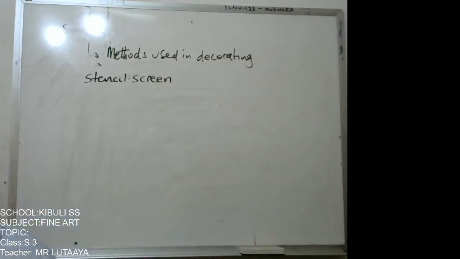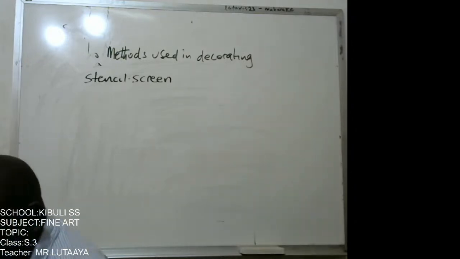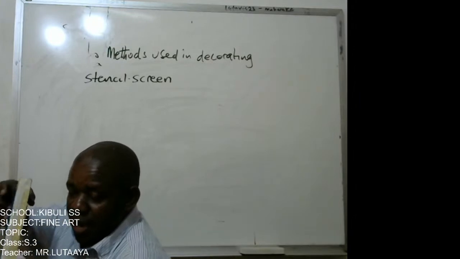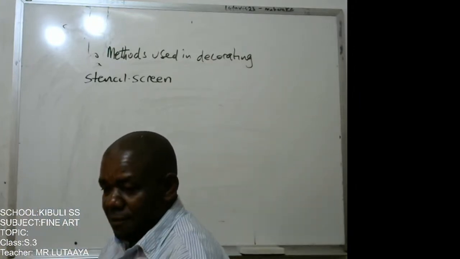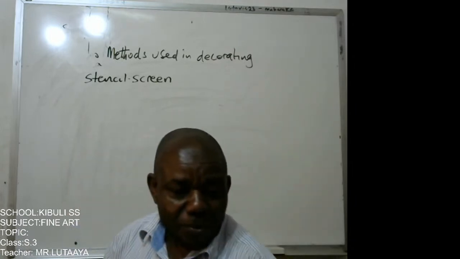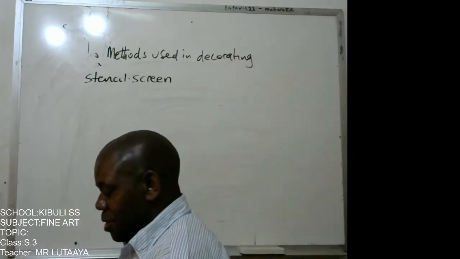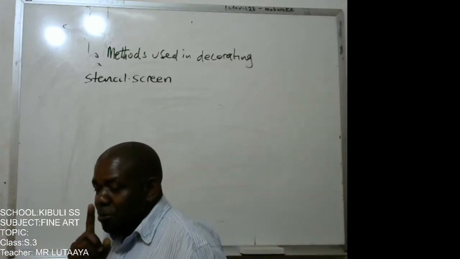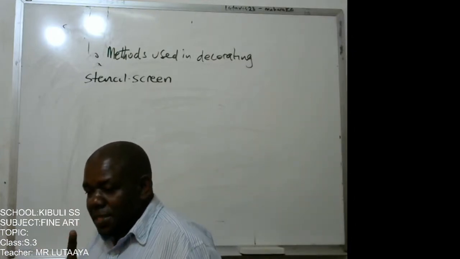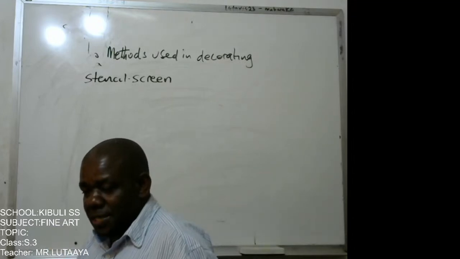I'm very sure you have the summary, and we have uploaded it where you can scroll and read and find out how it looks. So that is it, stencil screen. You are combining two things. We have advantages, we have disadvantages.